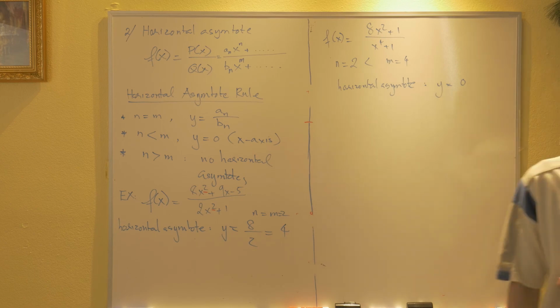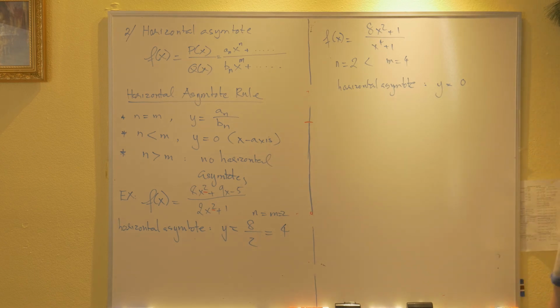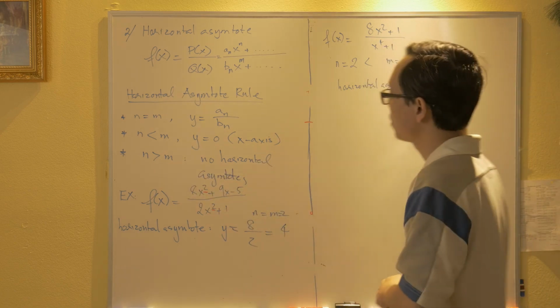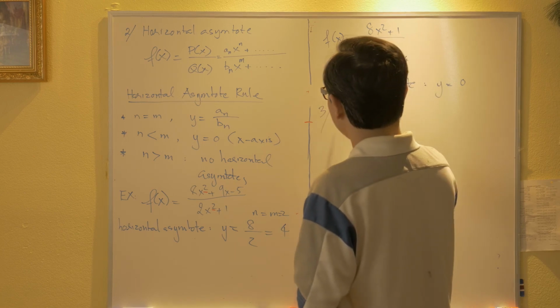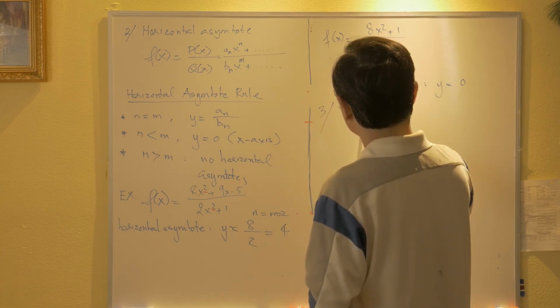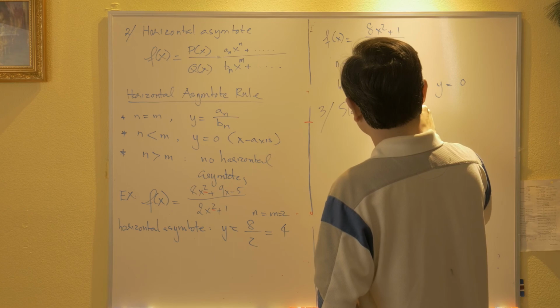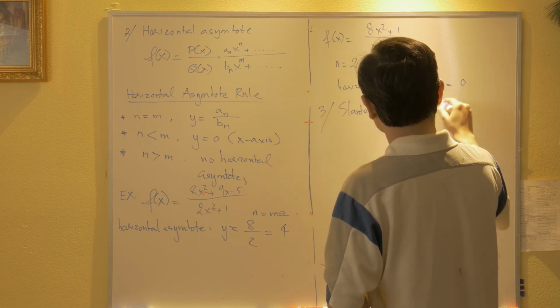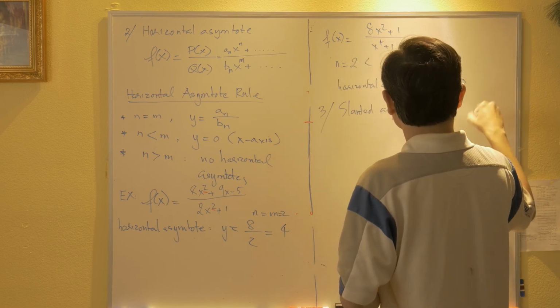Okay, a third type of asymptote, when the exponent on the top is greater than the exponent at the bottom, is called slanted asymptote. Slanted asymptote occurs when n is greater than m.